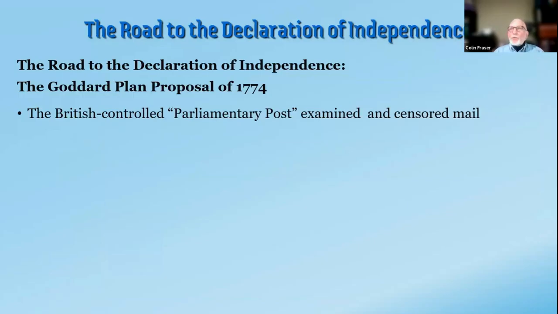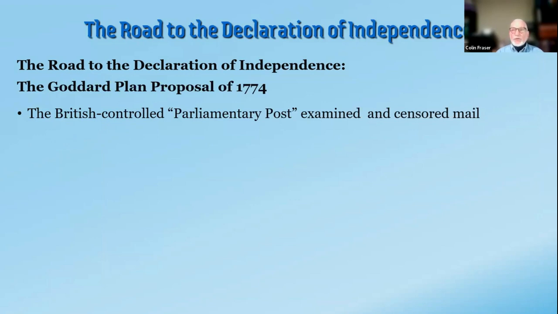The Goddard Plan was proposed in 1774 because the British controlled the post office. It was known as the Parliamentary Post, and censorship was taking place and just plain old-fashioned snooping.